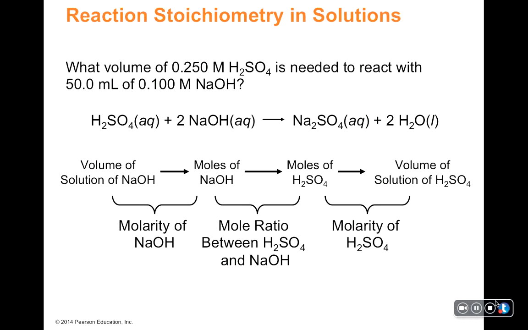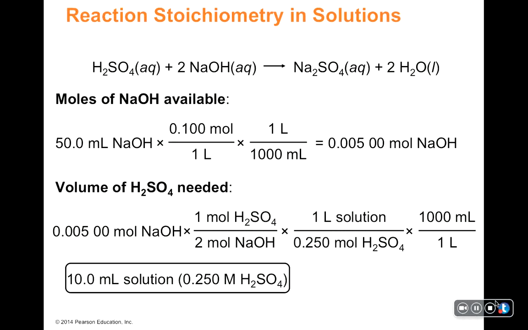And then once we know the moles of sodium hydroxide, we can use the balanced chemical equation to convert that to moles of sulfuric acid. So you can see here we've got 2 moles of sodium hydroxide reacting with 1 mole of sulfuric acid. So that's the mole ratio that we'll use to convert from one to the other. And then we'll have moles of sulfuric acid, and they're asking for volume, so we'll use the molarity that we're given to figure out the volume that we need.